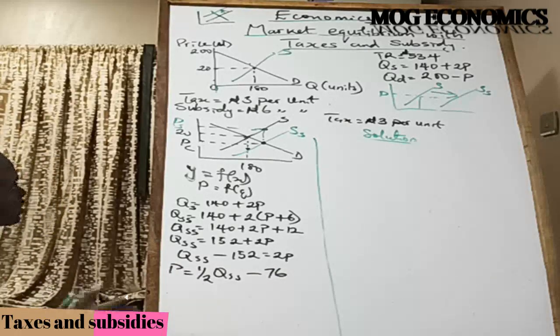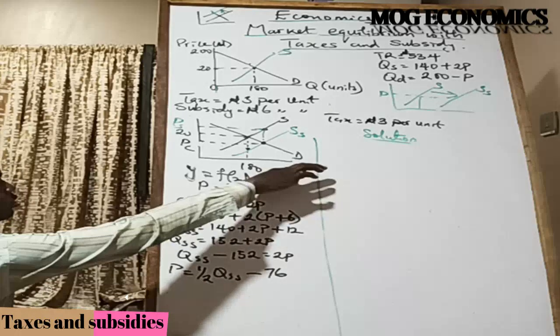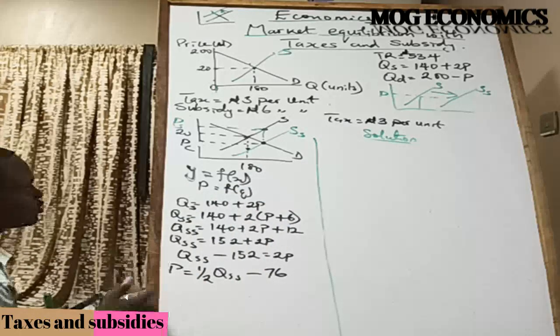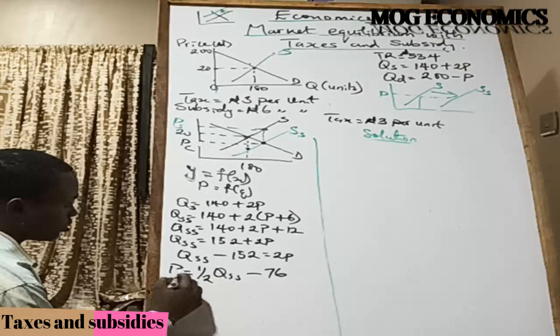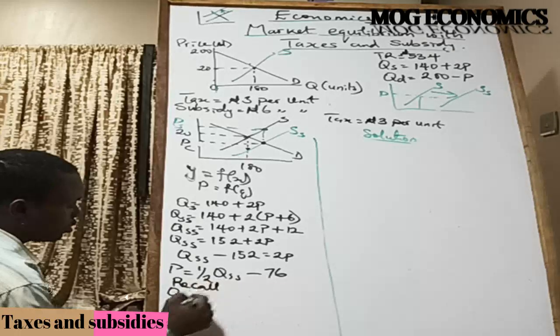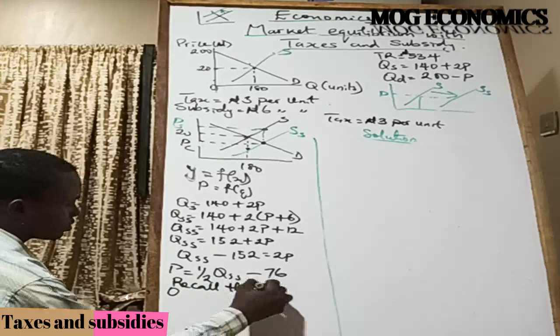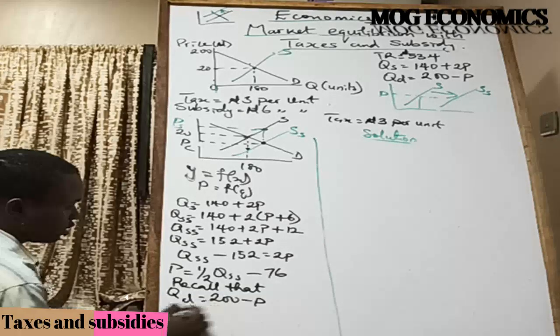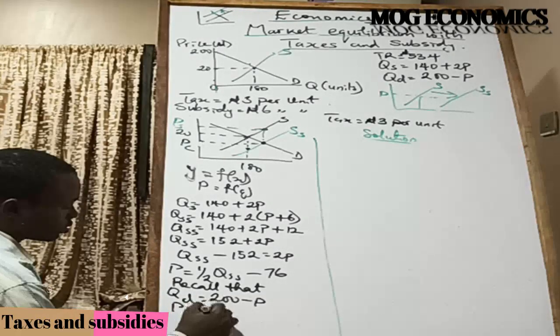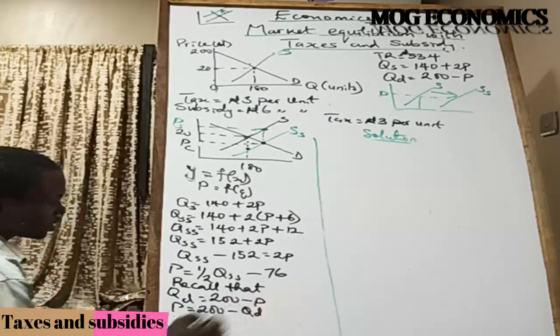So having gotten this, we now have to equate it to the old demand function. And so what we have to do there is to also find the inverse of that. So we know that the demand function, recall, that's QD equals 200 minus P. So P equals 200 minus QD, right?